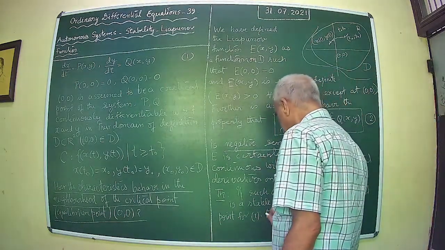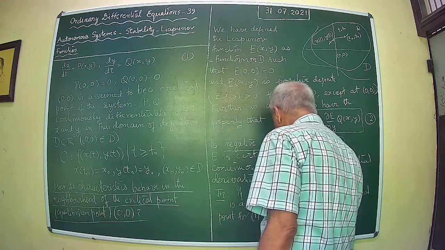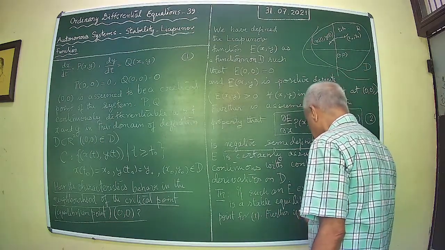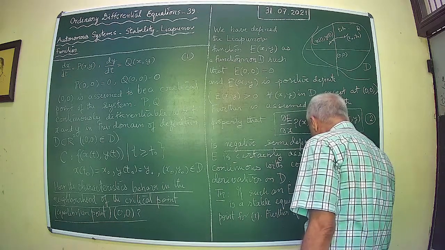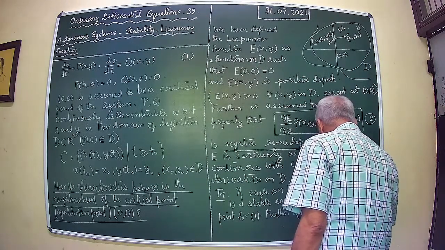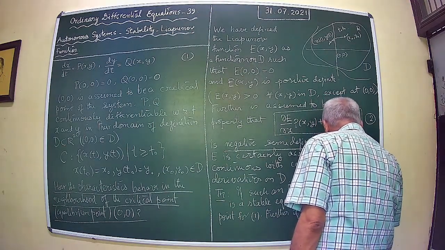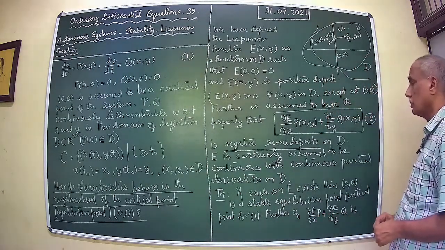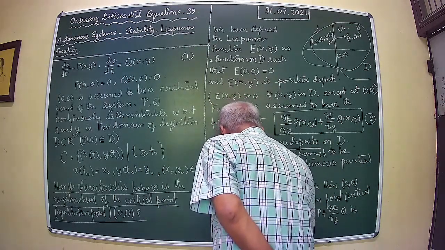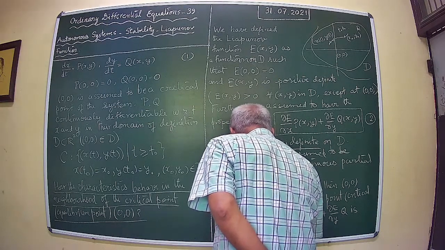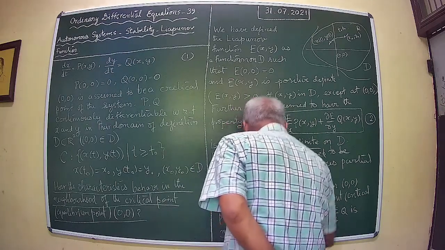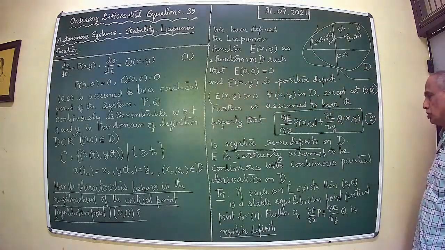Further, if dE by dt is negative definite, that means it satisfies a stronger condition.